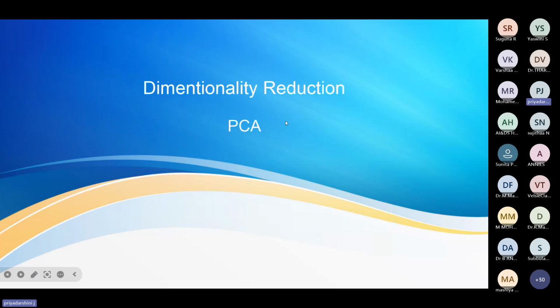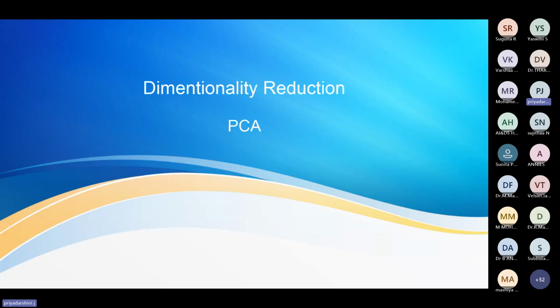Okay, so welcome back. We'll go with dimensionality reduction and I'll see to it that I'm sticking to the time. So dimensionality reduction is basically used for feature selection. When you have some 4 or 5 features and you don't know which one to drop, then we go with PCA, principal component analysis.